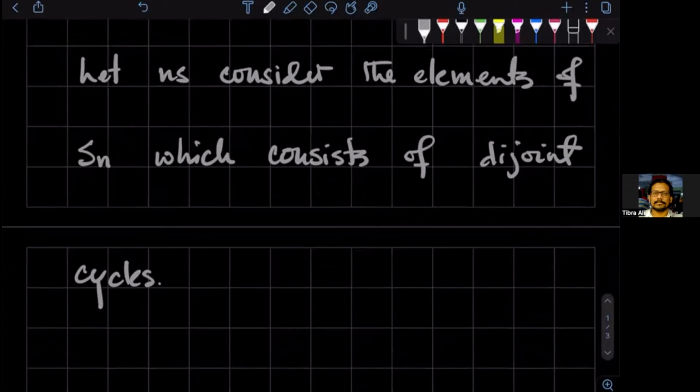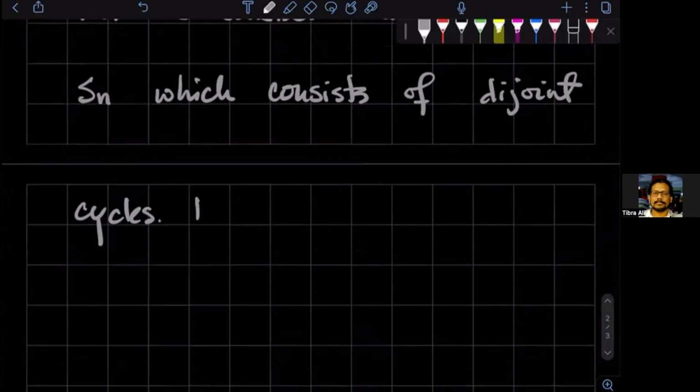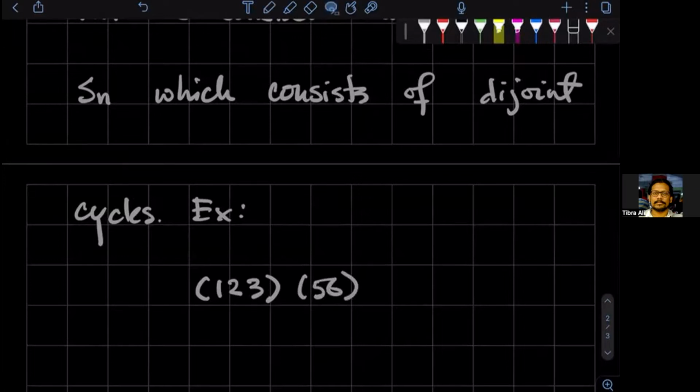Okay, so an example of a disjoint cycle is, for example, if I take, say, (1 2 3)(5 6). Although I'm not saying it, this means that nothing is happening to 4. So that's an example of a disjoint cycle.